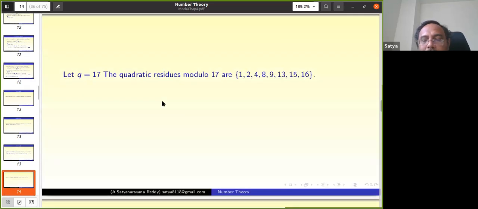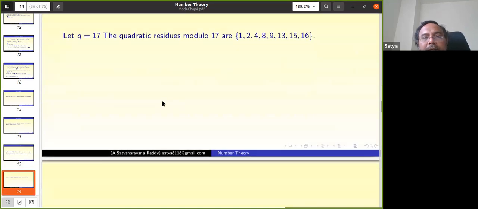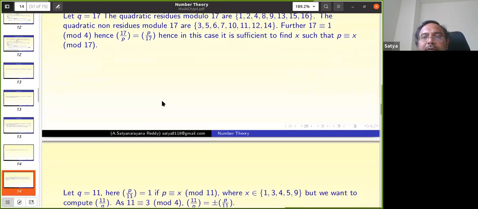Then by using the quadratic reciprocity law, we'll compute (q/p). How? I'll give one example so that it will be easy. Let us take q equal to 17. What are the quadratic residues modulo 17? 1, 2, 4, 8. 8 will be quadratic residues, 8 will be quadratic non-residues. So we know this, right?